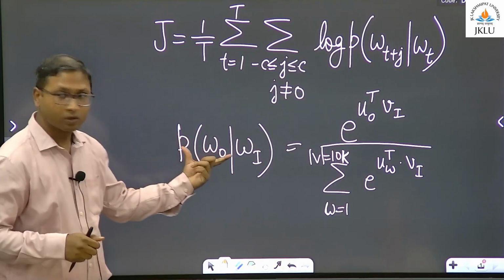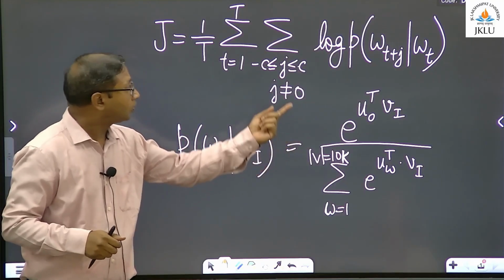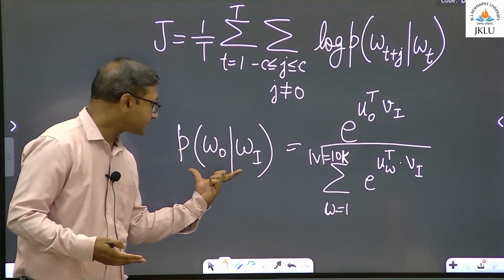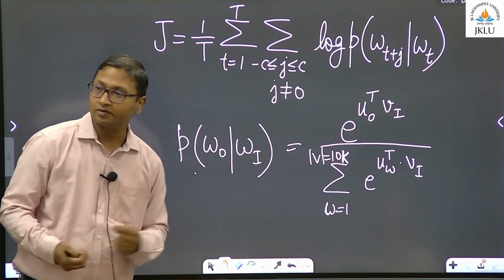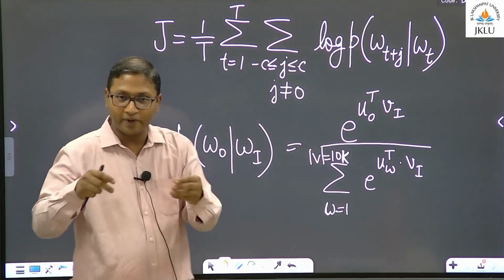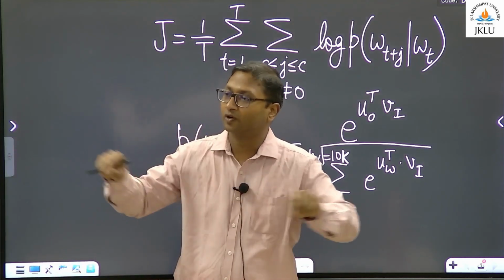Now we talked about this in yesterday's class: how many such pairs do you have? 4 billion pairs, and for all of them you want to maximize this probability. So basically you want to maximize the probability of the multiplication of all of them. Why?